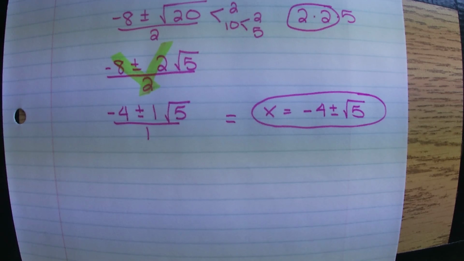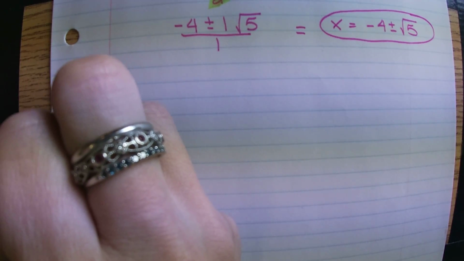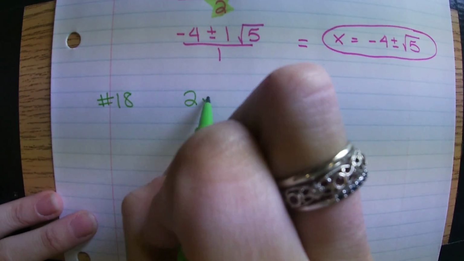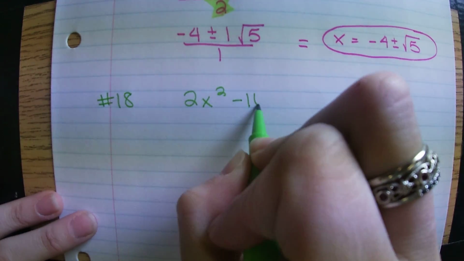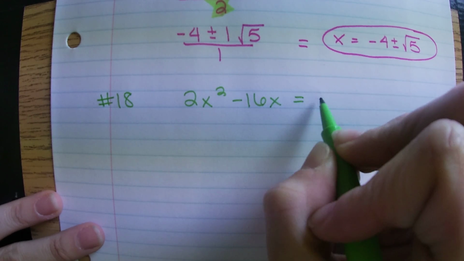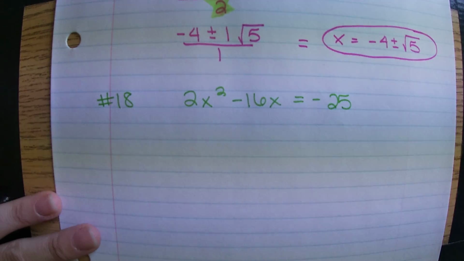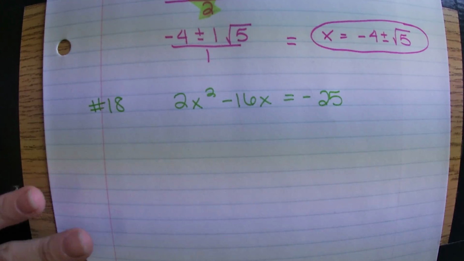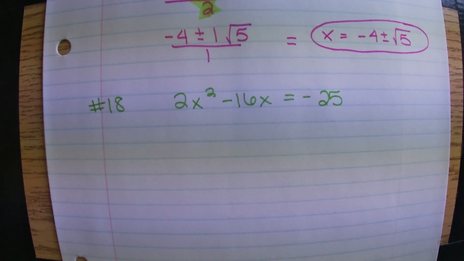Okay, let's also take a look at number 18. It says 2x squared minus 16x equals negative 25. So this is not in the correct form for the quadratic formula because it is not set equal to 0.